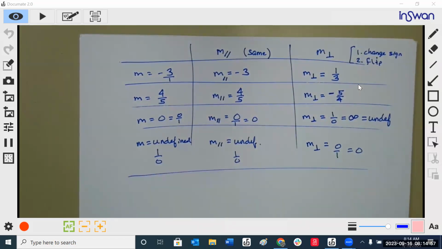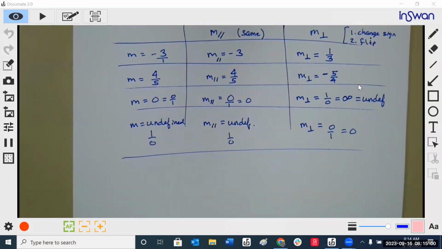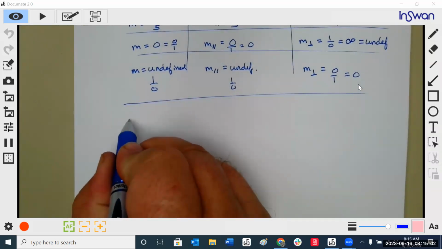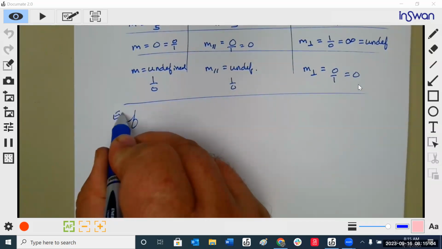Now, why do we have to know all this stuff? Let's find equations of lines. Here's an example.